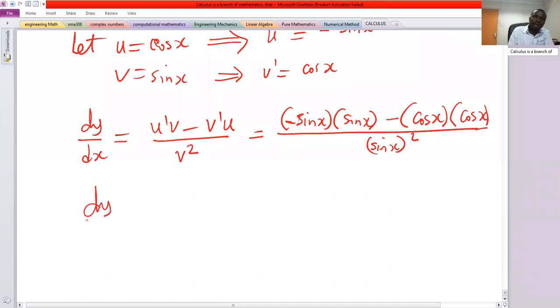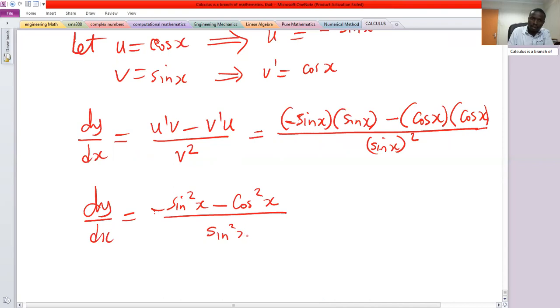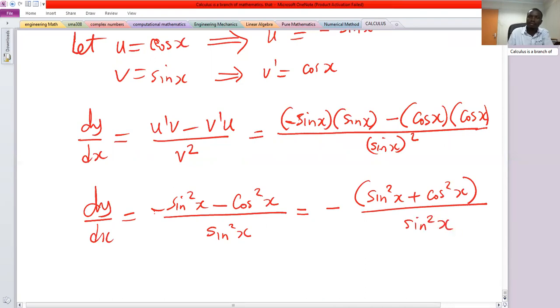So this means dy dx will be negative sine squared x minus cos squared x divided by sine squared x. But because these two terms have a negative sign, we can factor out the negative and say sine squared x plus cos squared x, divided by sine squared x.